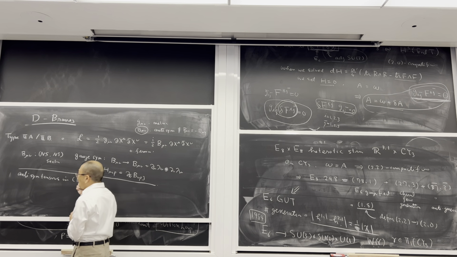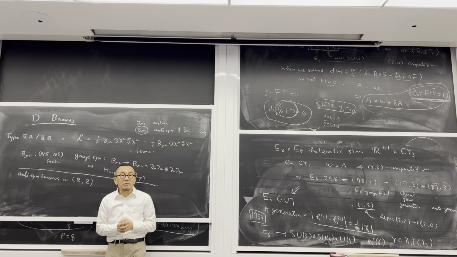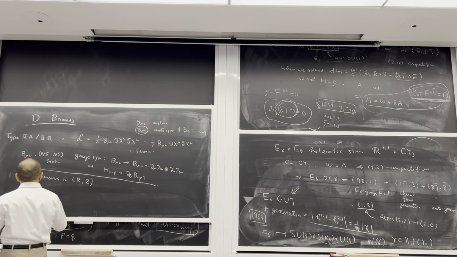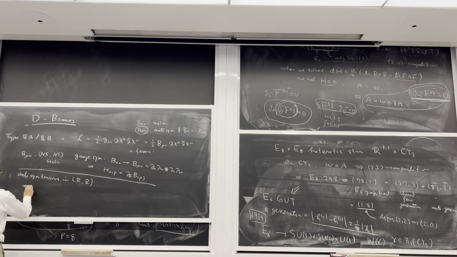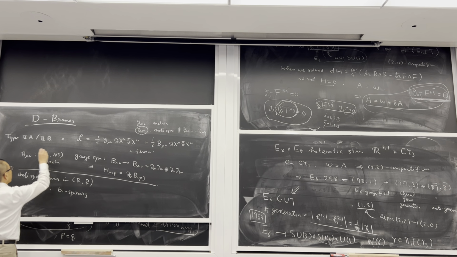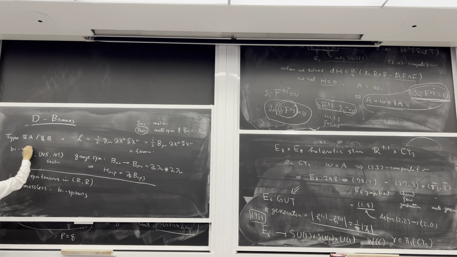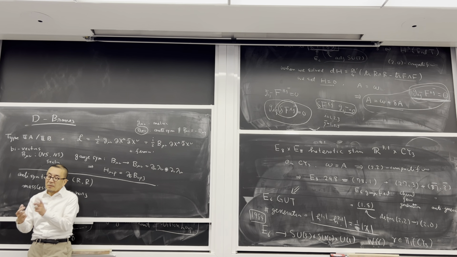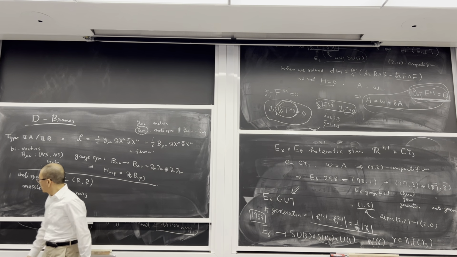In the Ramond sector, the massless ground states are spinors. So therefore, the massless sector is a bispinor. Here you had the bivector, a pair of vectors that can be symmetric, antisymmetric, or trace.